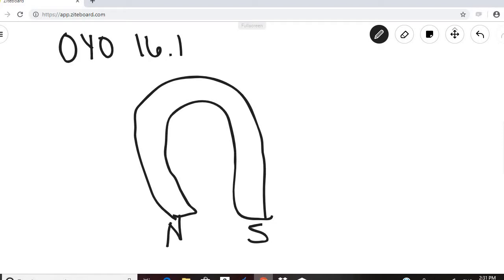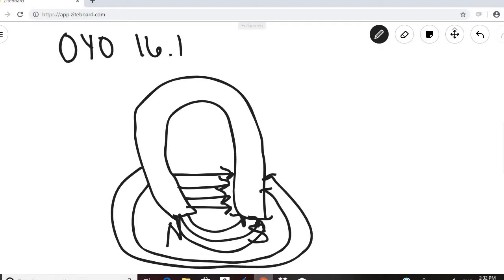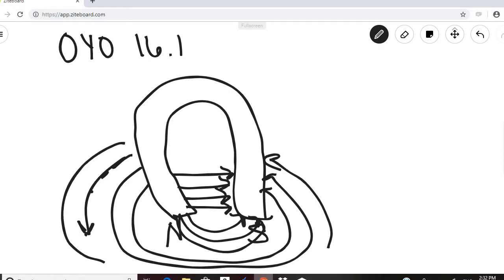Well, the north is going to go into the south. And then we could have lines like this, and we could also have these coming all the way around. You don't need to draw them all the way around. You could just draw one coming out like this, and then this going back in.